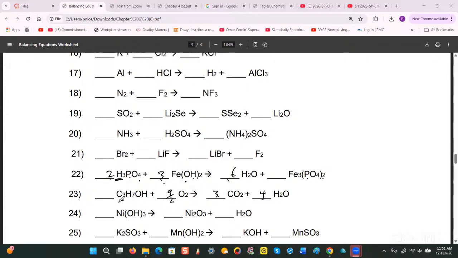But of course, I would multiply right through by 2. So when I multiply right through by 2, this becomes 2, this becomes 9, this becomes 6, and this becomes 8. Let me just check to make sure everything is balanced. 6 carbons, 2 times 8, 16 hydrogens.